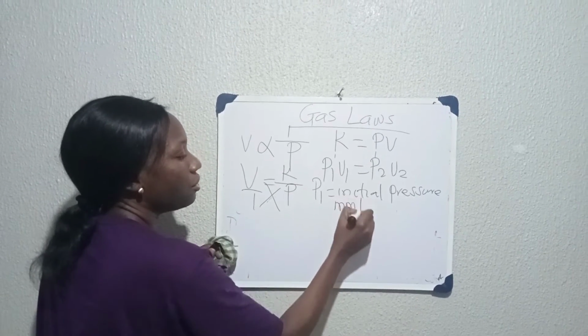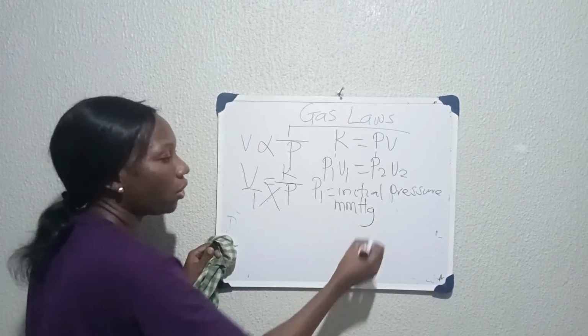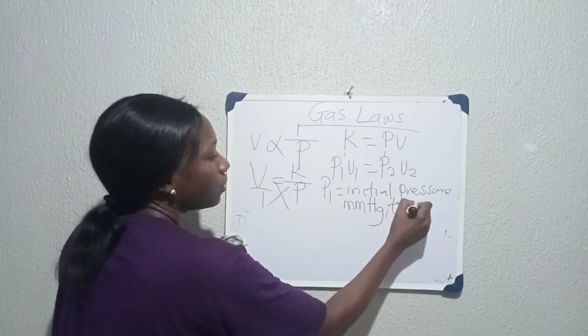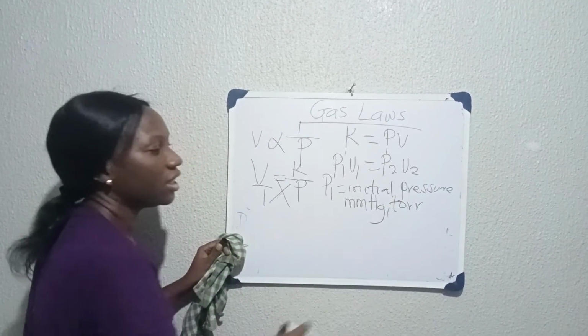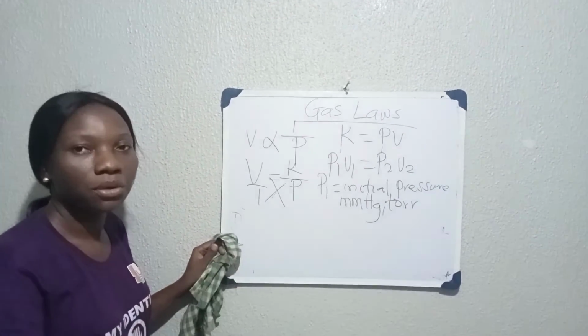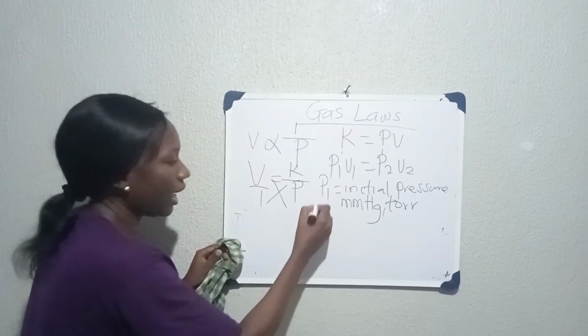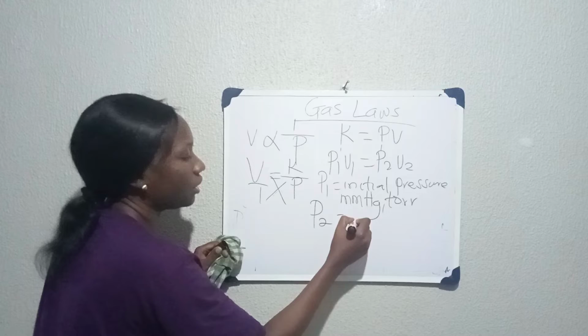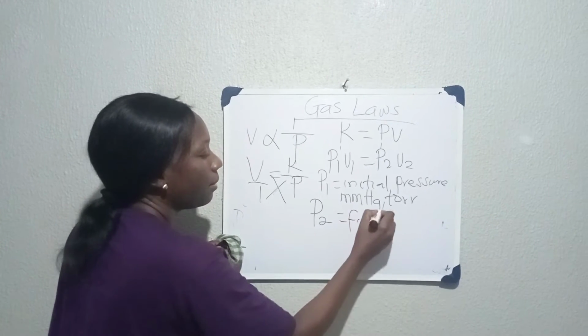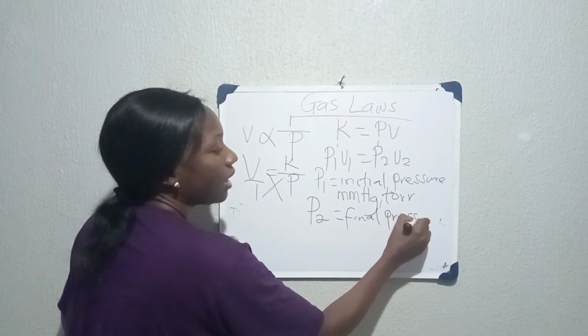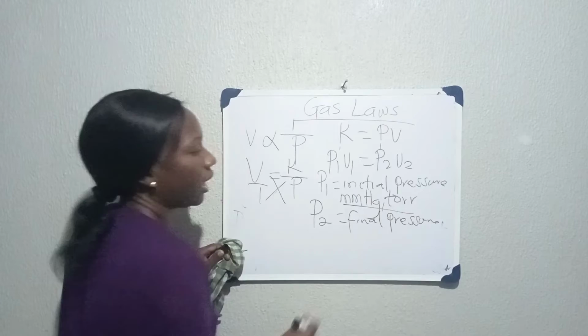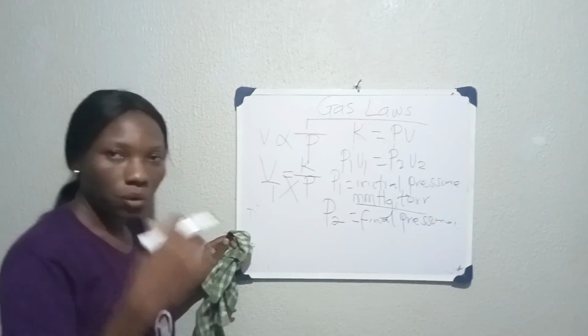That's the unit, millimeter mercury, or you can see it as torr in some textbooks. When you see either of these, they are talking about pressure. Initial means the first pressure. Then I also have P2, which is my final pressure. It has the same unit, millimeter mercury or torr.